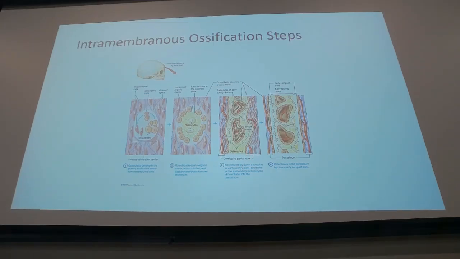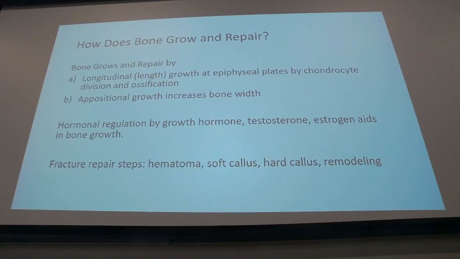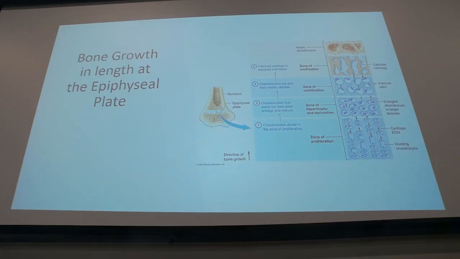Okay, so that's why we have those soft spots. And I think we're going to talk about them a little bit more in the next chapter when we talk about the skull bones.